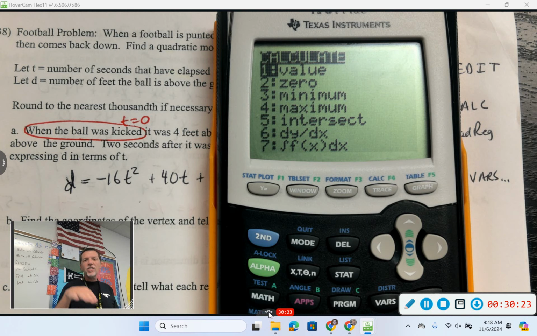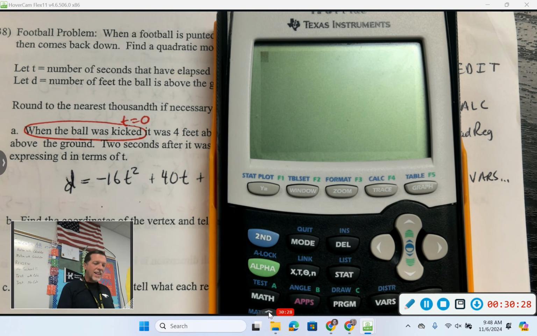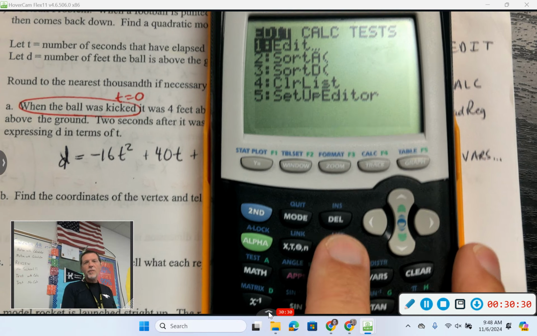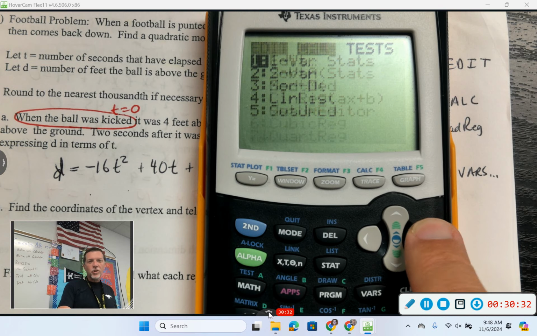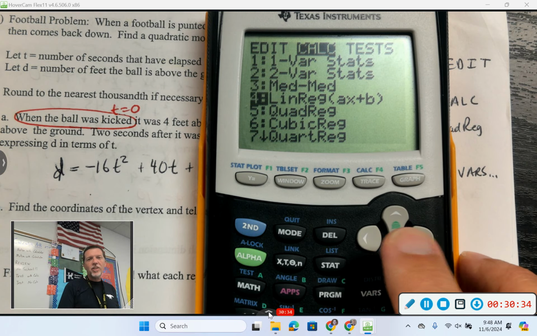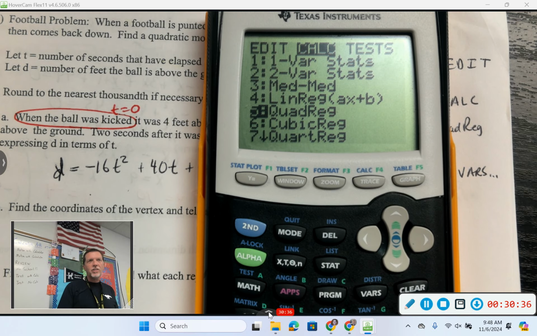That's if you're looking at a graph, like that's helpful stuff, but that's not what I want right now. You still want to do stat calculations. So press the stat button first, and then scroll over to calculations, and then grab quadratic regression. Okay. So that is a little bit confusing, because there are two calc menus, but one is for the graph and one is for stats.